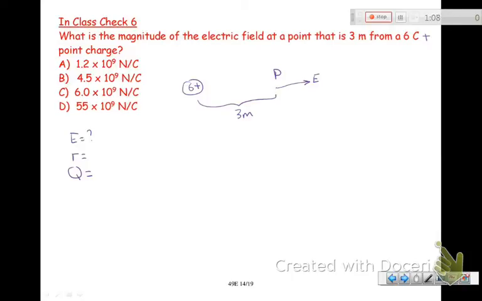And the way you get these clickers to work is you turn them on, and then you click whichever letter you think is right.